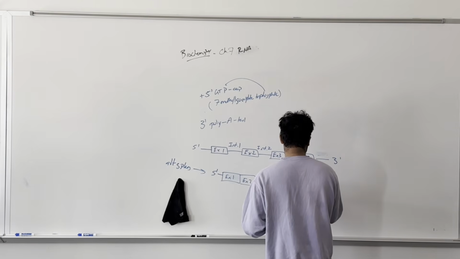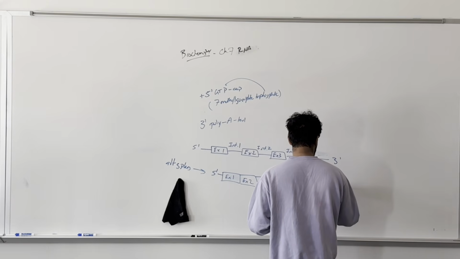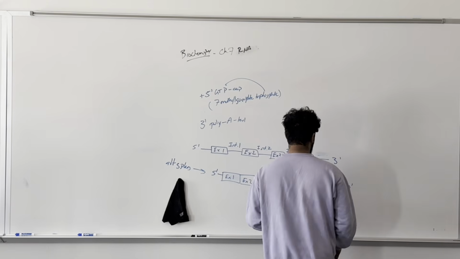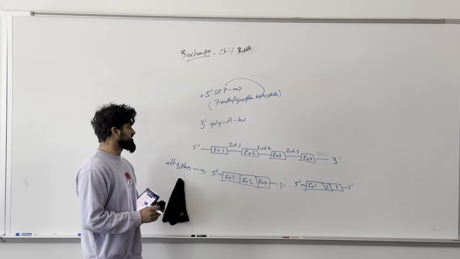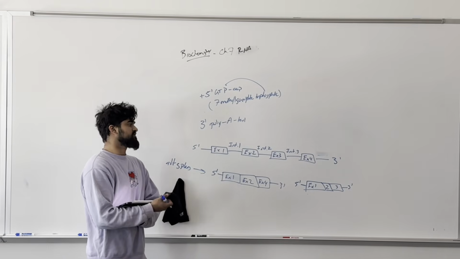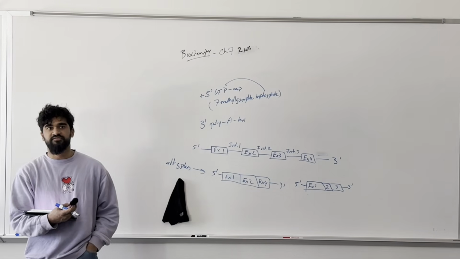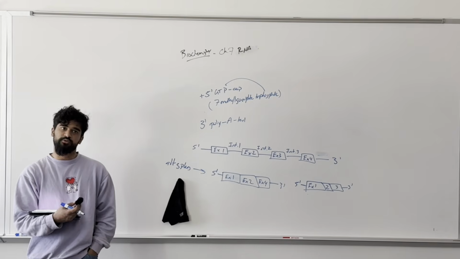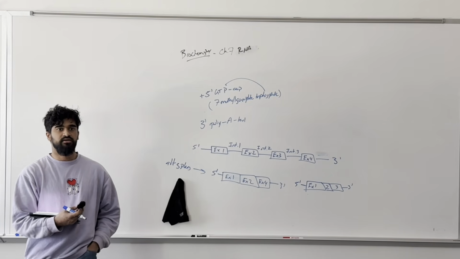And you also get this. So one splice gives you exon 1, 2, and 4. The next splice gives you exon 1, 2, and 3. The next splice could give you 2, 3, and 4. The next could give you 1, 3, and 4. The next could give you 3 and 4. The next could give you 1 and 2. The next one could give you 2 and 3.